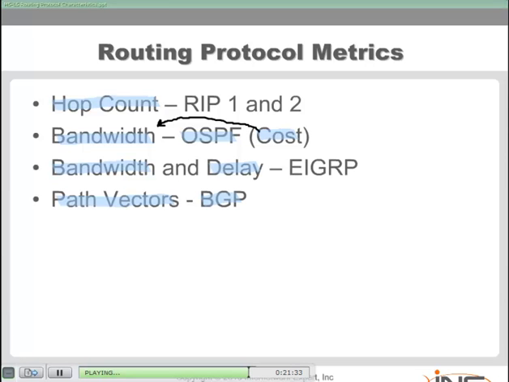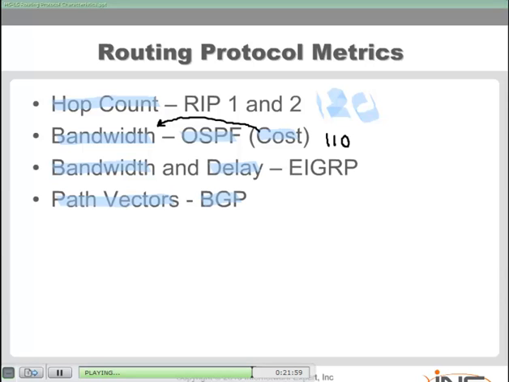Notice that these levels of sophistication help to dictate the administrative distance, right? One of the reasons the AD of 120 is so bad for RIP is that RIP uses this ridiculous hop count metric. We know that OSPF, more sophisticated, gets a better AD of 110.